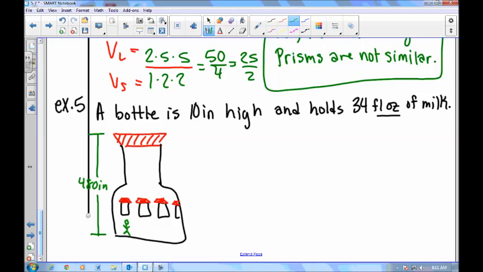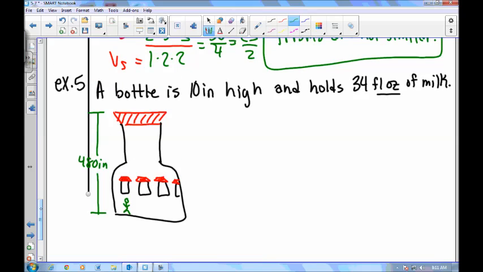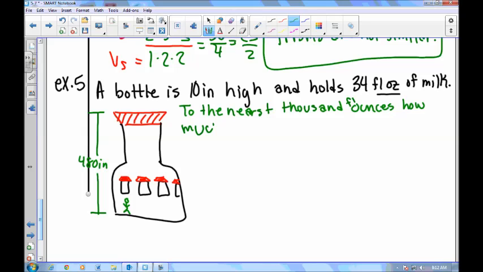To the nearest 1,000 ounces, how much milk could the building hold if we closed the shutters, made sure it wouldn't leak, and poured milk in it?